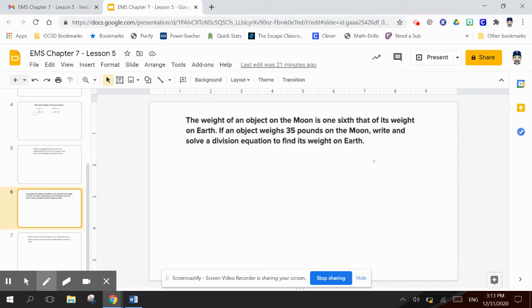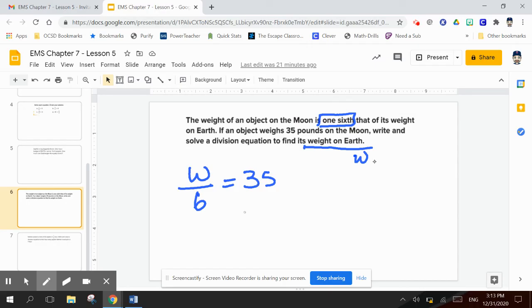The weight of an object on the moon is 1/6 of its weight on Earth. If an object weighs 35 pounds on the moon, write and solve a division equation to find the weight on Earth. That's our W. So I know that W over 6, 1/6 is the other one, so 6 is my denominator, and it equals 35 pounds.